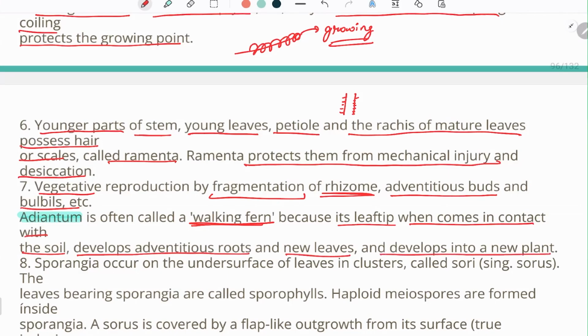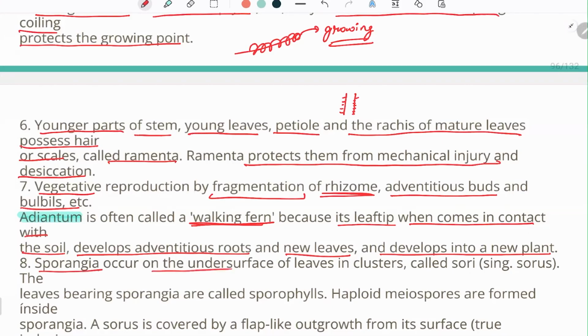So why is it termed walking fern? Because when its leaf tip comes in contact with the soil, it gives rise to another plant. And when that plant's leaf tip comes in contact with the soil, it grows into another plant. So this cycle goes on and it looks like the fern is walking. This is the reason why it is called walking fern.